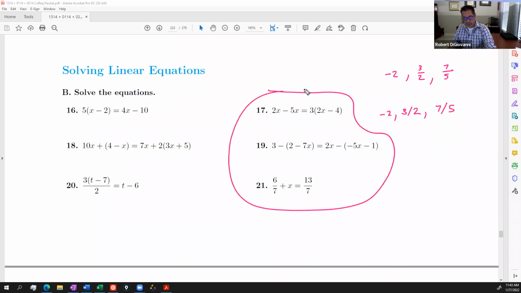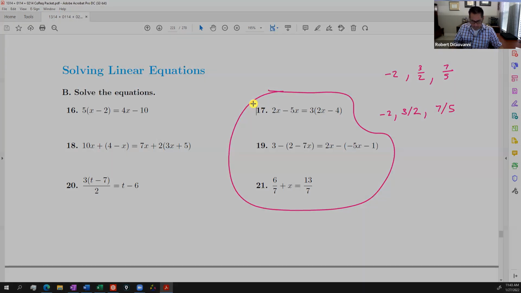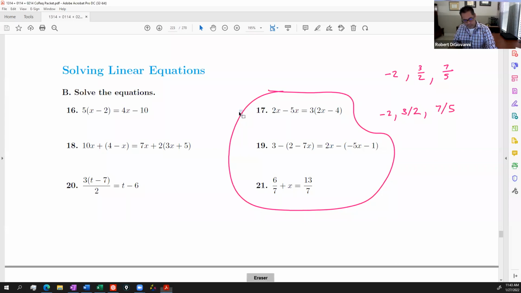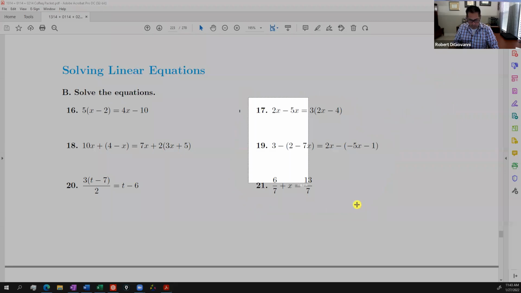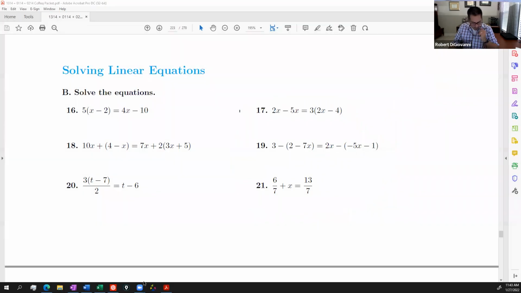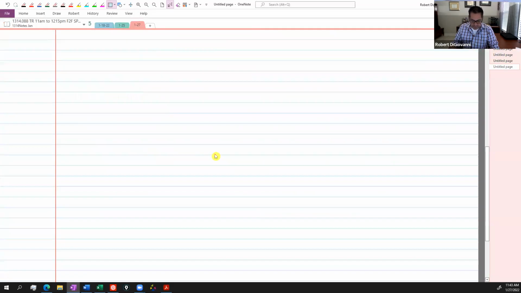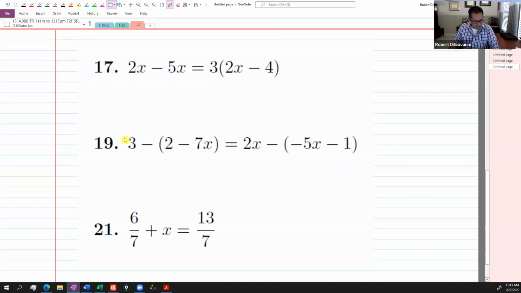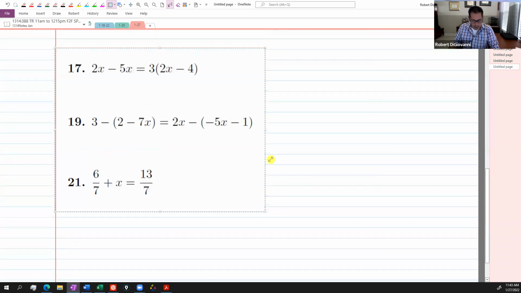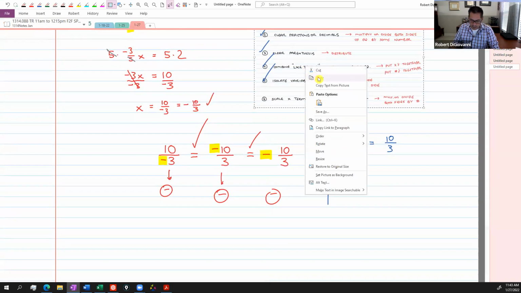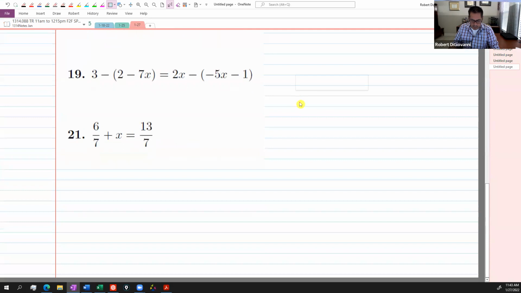Okay, those are them. What I'll do is copy them down and put them on the other page, and I'll copy these notes and put those here.